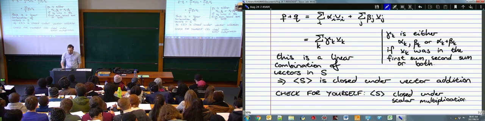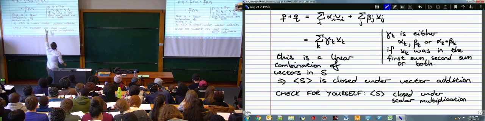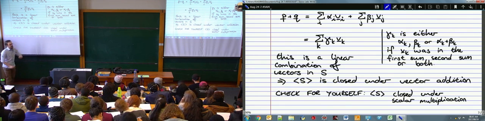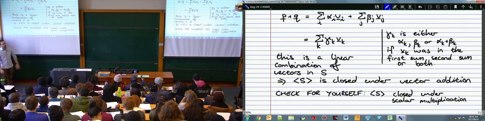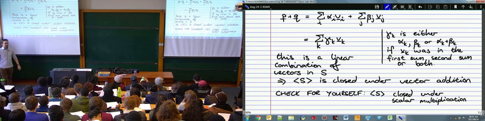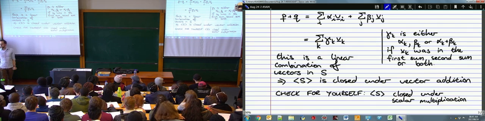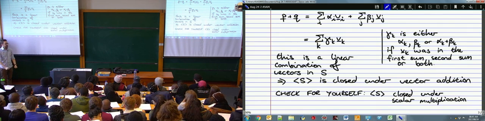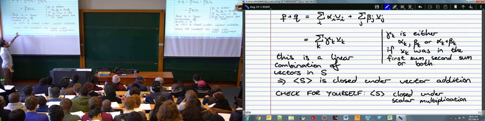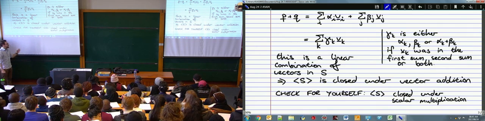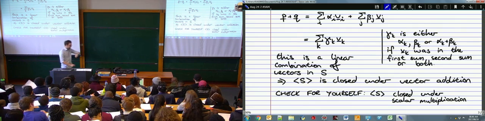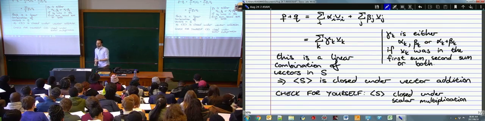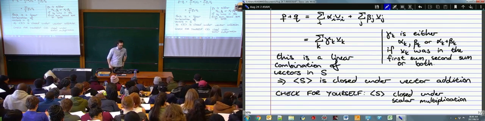You write down your vector P, which is just the sum of alpha i vi, and then you multiply that by some scalar c, and all that happens is you change your coefficients from alpha i to c alpha i, and it still looks like a linear combination. And so we get closure under scalar multiplication as well, which means that the set generated by S is a subspace. Okay, so there's a tutorial today, otherwise I'll see you, I guess, tomorrow.